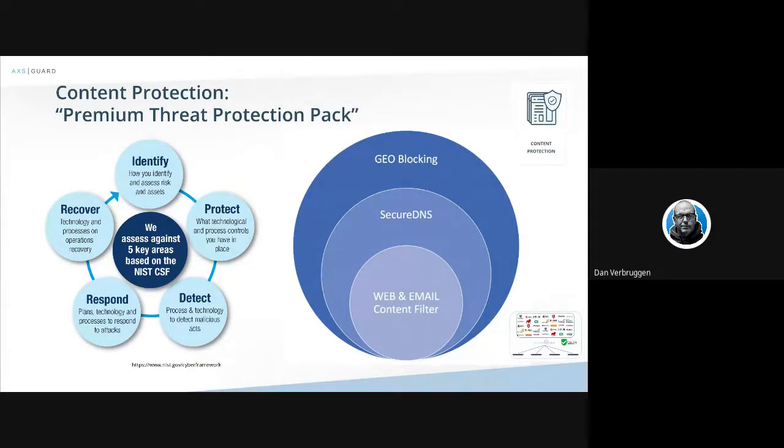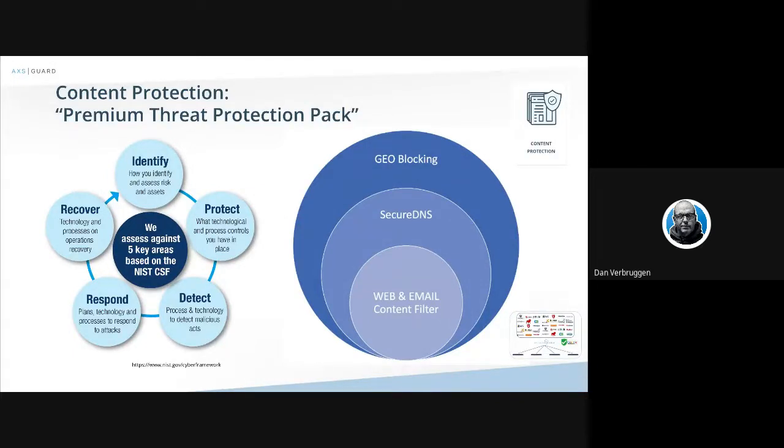We can identify the problem, we can protect or prevent something from happening, we detect what has been going on or what is going on, and we respond with the right solutions, and if needed, we can recover with the endpoint security solution. The Premium Threat Protection Pack is a cybersecurity add-on to any AXS Guard. If you have AXS Guard Basic, Standard, or Enterprise, the pack can be added to any AXS Guard.